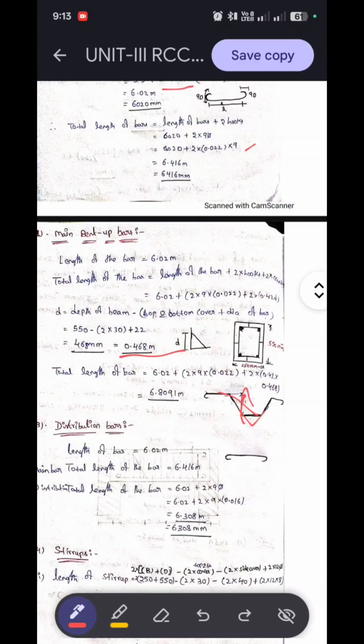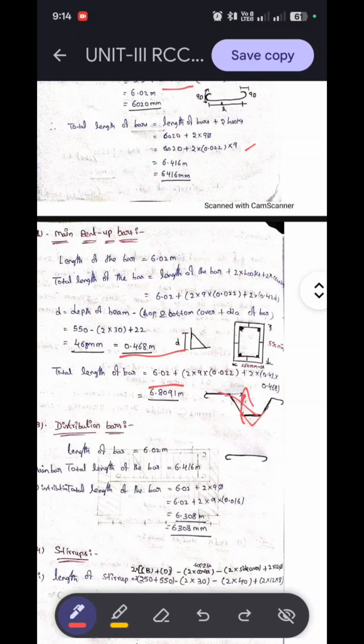Now calculating the total length of the main bent up bars. The length of the bar is 6.02 plus 2 into 9 dia for the hooks, with 22 mm converted into meters as 0.022, plus 2 into 0.42 into D, where D was 0.468 meters for the crank.